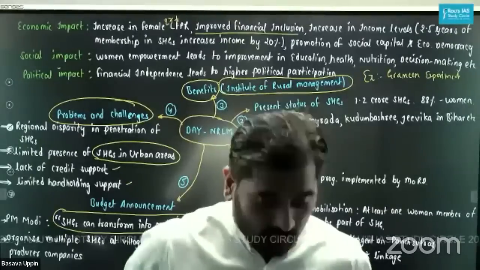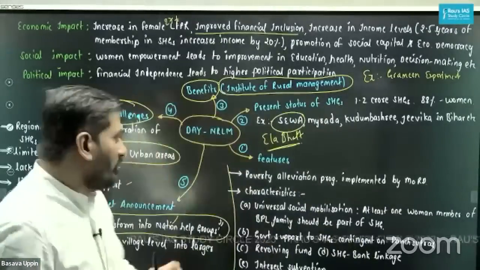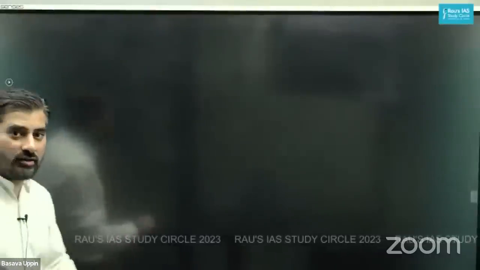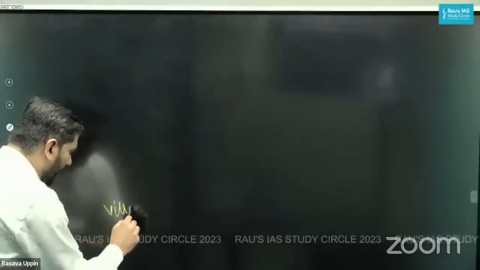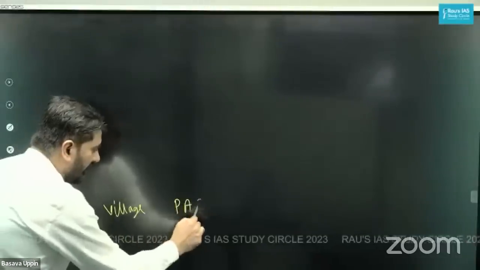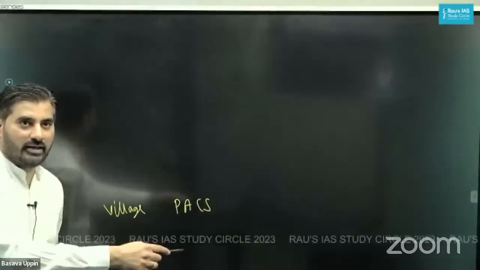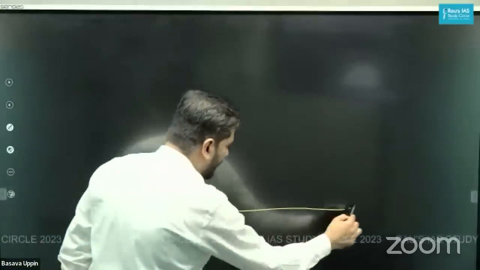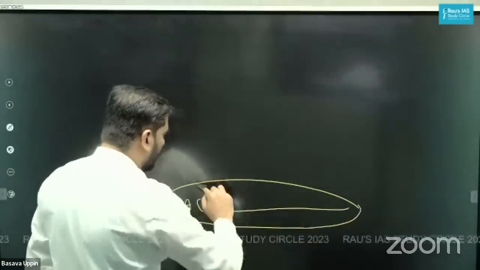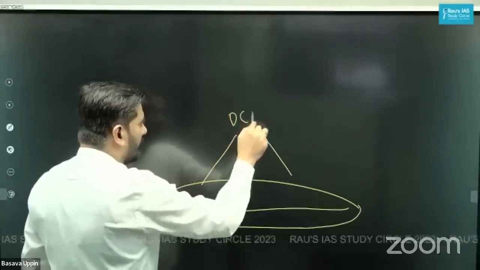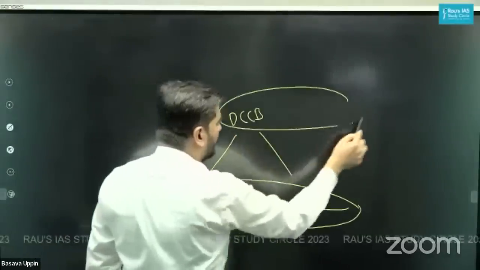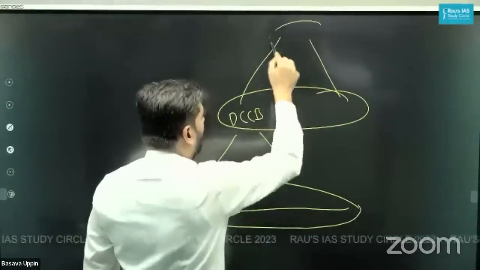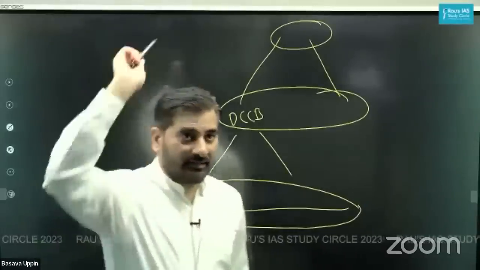If you've still not been able to understand, just visualize the structure of rural cooperatives. If you look at structure of rural cooperatives, at a village level, what we have is primary agriculture credit societies. All these primary agriculture credit societies at the village level come together to form district central cooperative banks. All the district central cooperative banks at the district level come together to form an apex level bank at the state level.